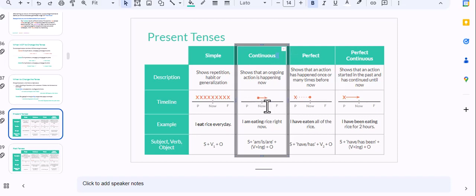We have here our timeline, and we are right now here and move forward. So this is an action happening right now, at this moment. And also we use the subject plus am, is, or are, plus the verb with gerund and the object.